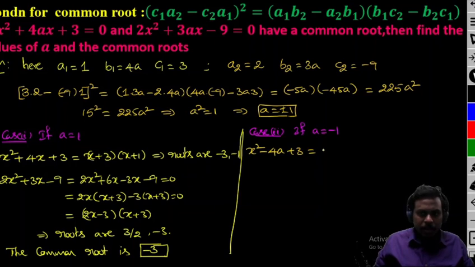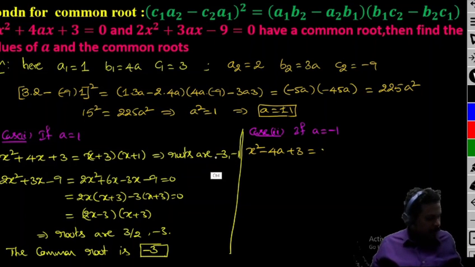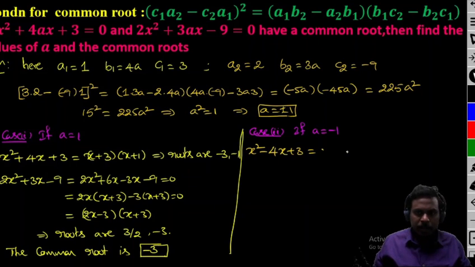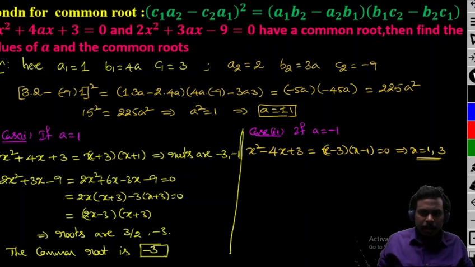Sorry, actually I have to write x here, 4x plus 3. So this is x minus 3 into x minus 1 is equal to 0, implies x is equal to 1 comma 3. The roots are 1 comma 3 actually.